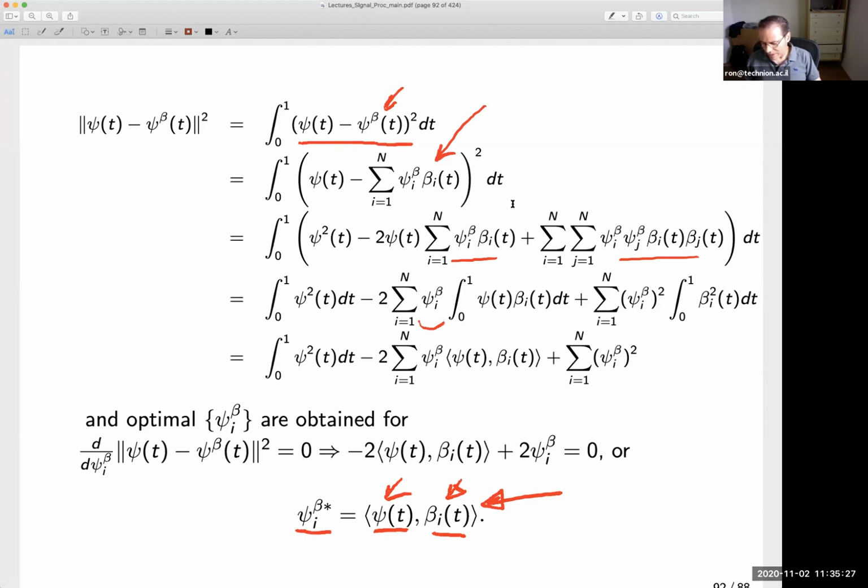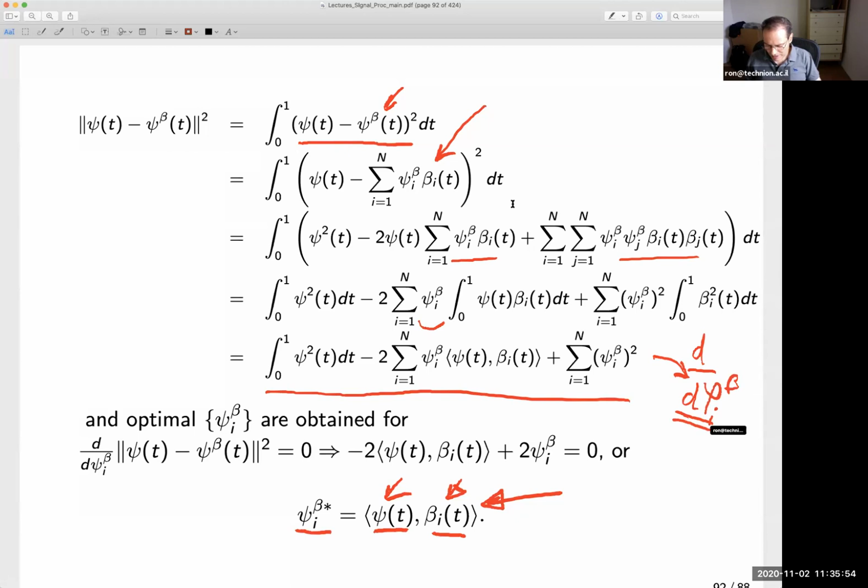And at the end of the day, what we get is the following term that we have to differentiate. So now what we do is we take the derivative with respect to beta I, to psi of beta I. Okay, so we take the derivative with respect to these guys.